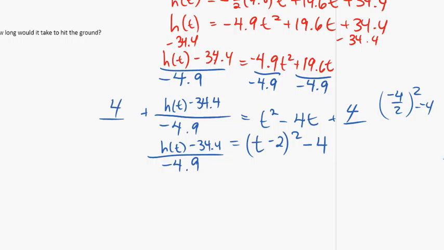Continuing, I'm going to multiply both sides by negative 4.9 because that's the next thing I need to undo here, because the whole thing is being divided by that. So negative 4.9 quantity t minus 2 squared plus, because negative times negative, and I get 4 times 4.9, which is 19.6, is equal to h of t minus 34.4.